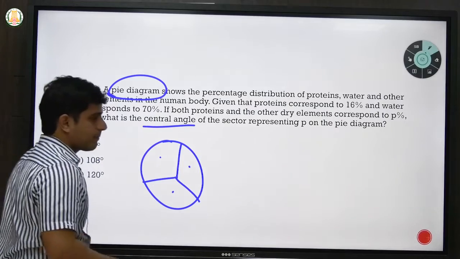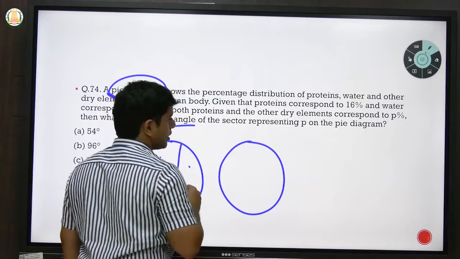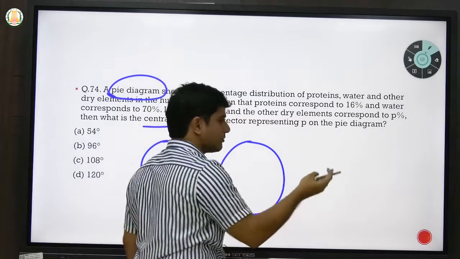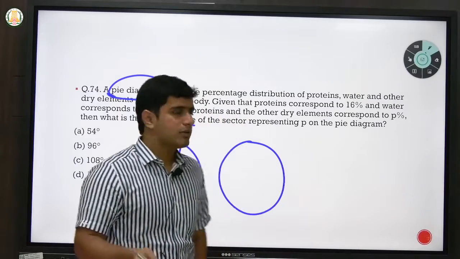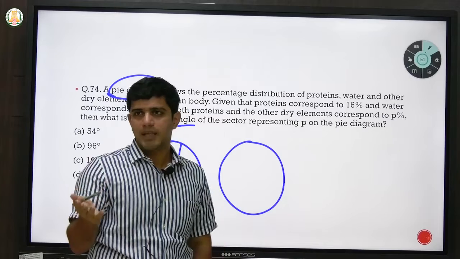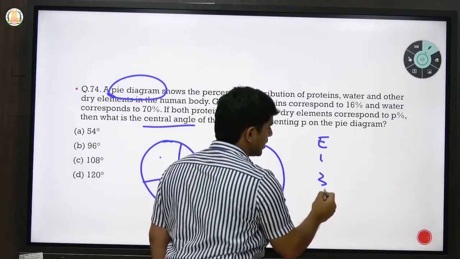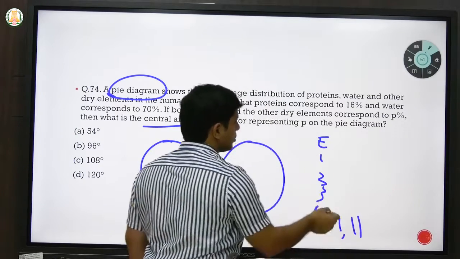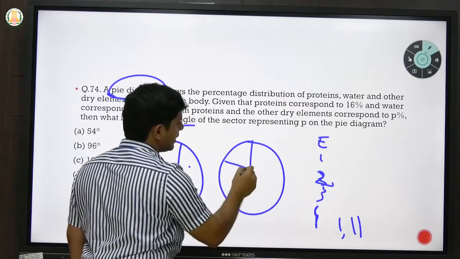Let's say I want to calculate your GS marks. You have GS 1, 2, 3, 4, you have an essay, and you have 2 optionals. To calculate your main score, I have to know each of them: the essay, then GS 1, 2, 3, 4, then optional 1 and optional 2. All these seven subjects can be represented in your pie chart.